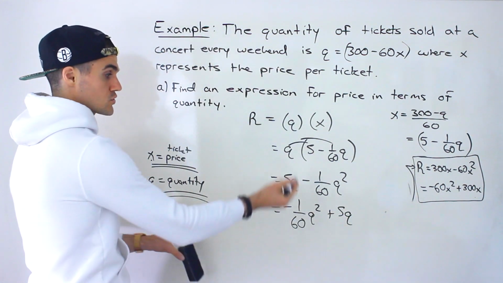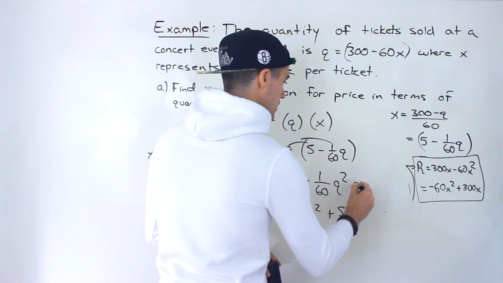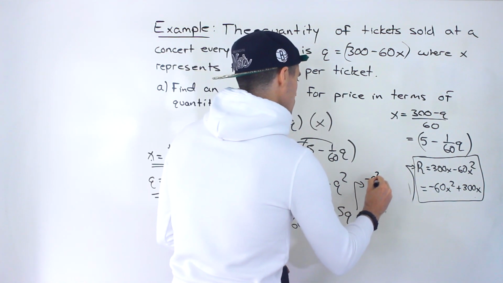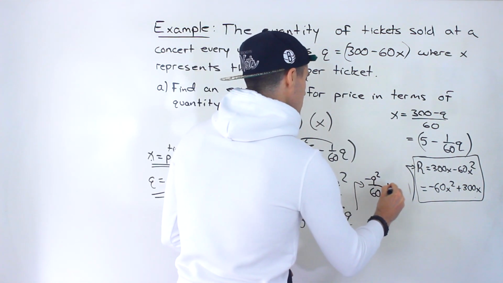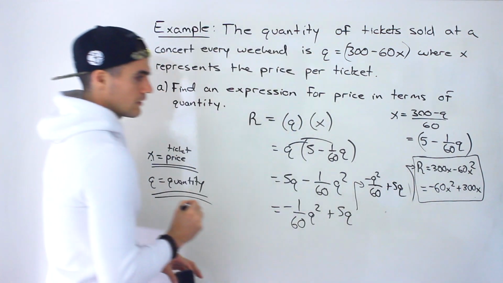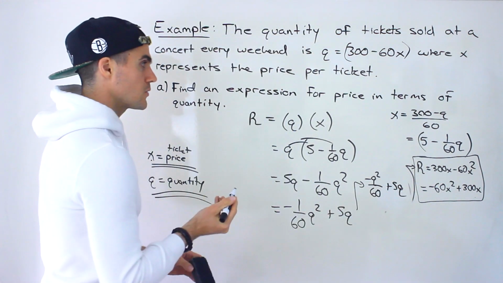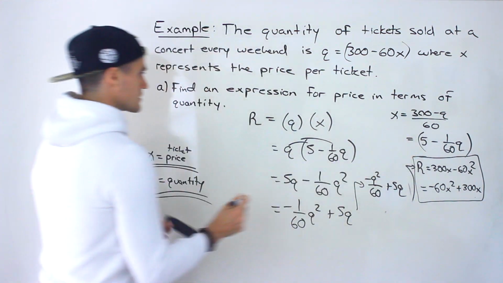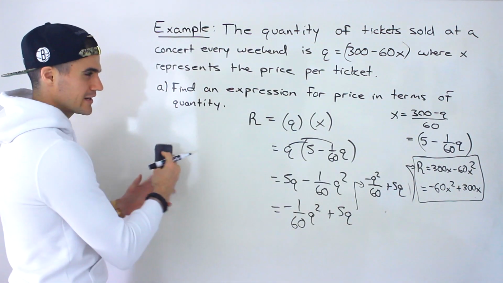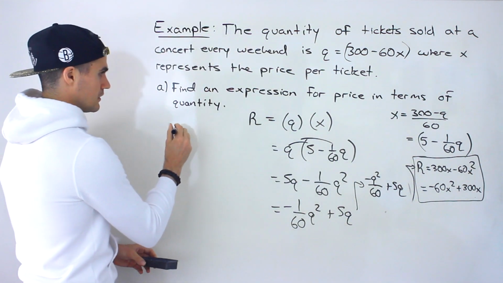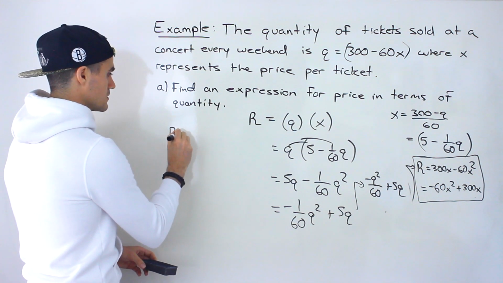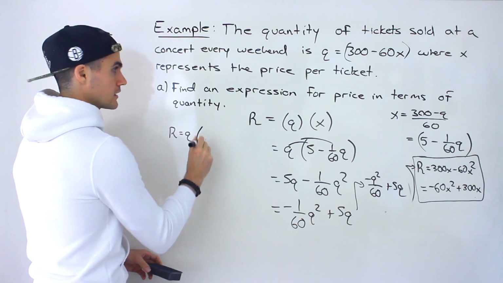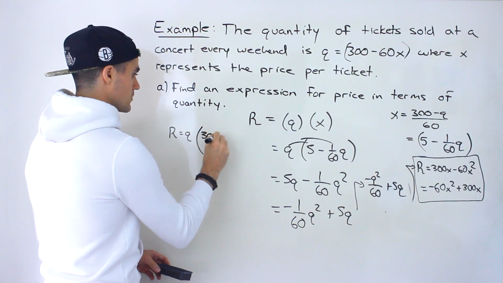You could also put the q squared on top, so that would be negative q squared over 60 plus 5q, like that. And actually another way to do it is if we multiply it by this, it's not really going to be expanded, but let me just show you in case maybe something like this comes up. It's a multiple choice or something.